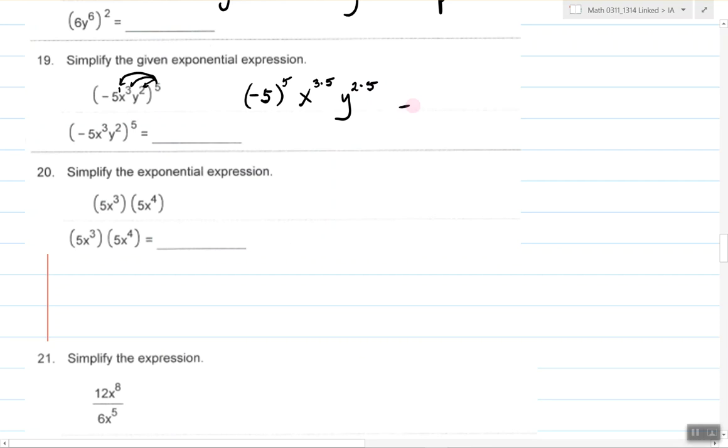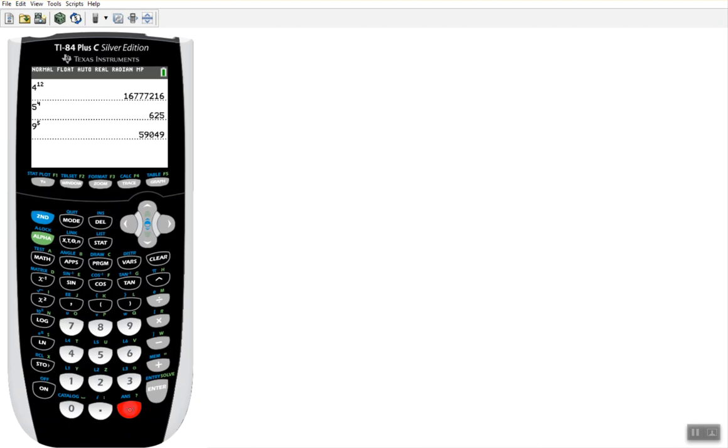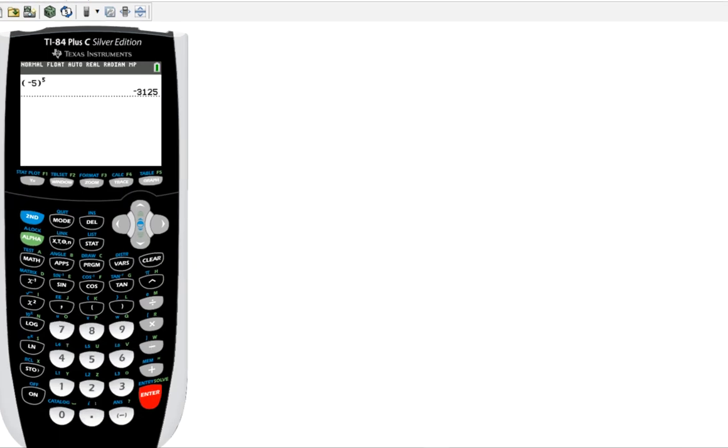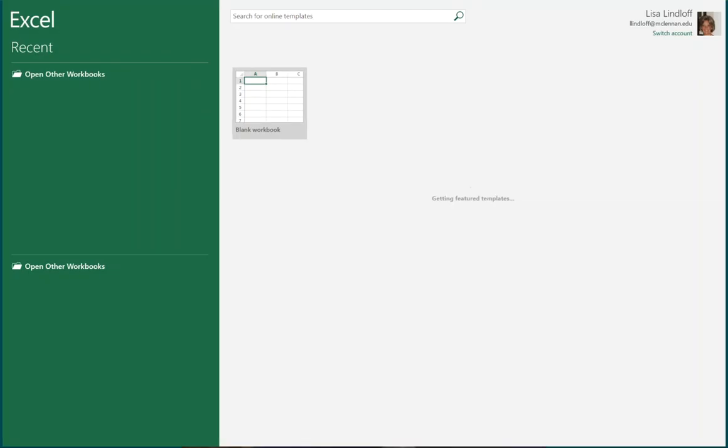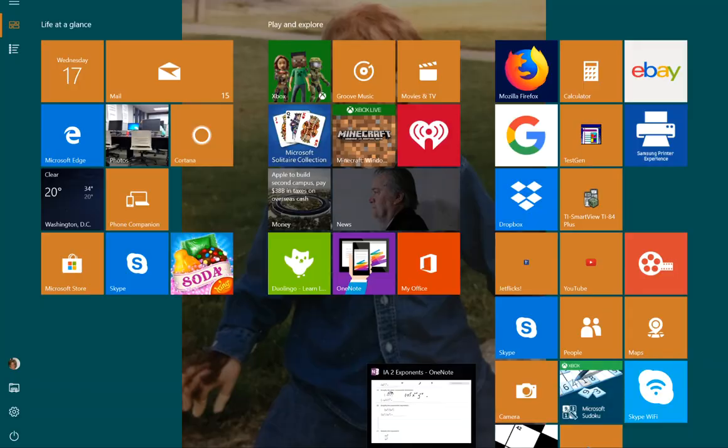Now I'm going to go to my calculator and put in clear, open parentheses, negative 5, close parentheses, raised to the 5th power, negative 3125. Okay, we get a little thing opening here and there.